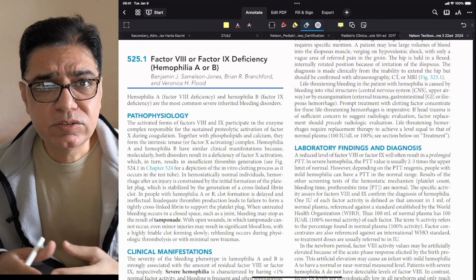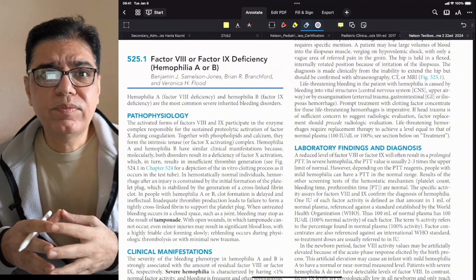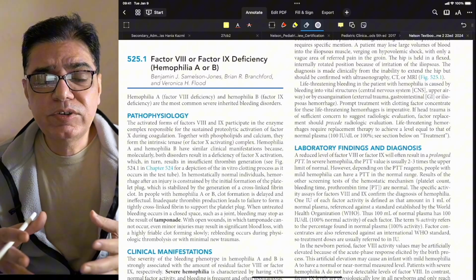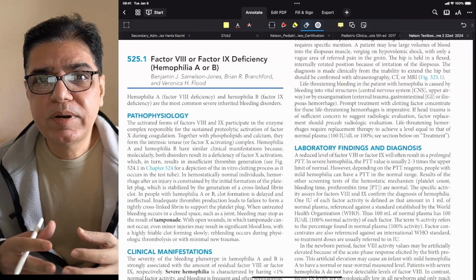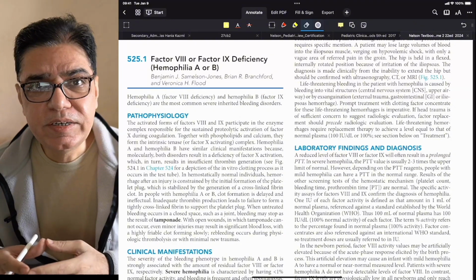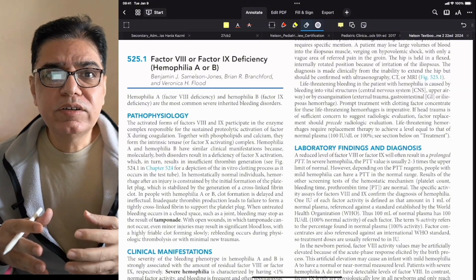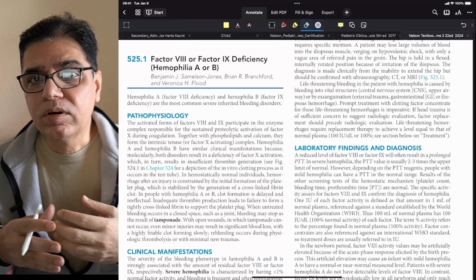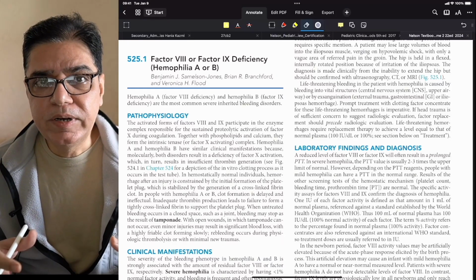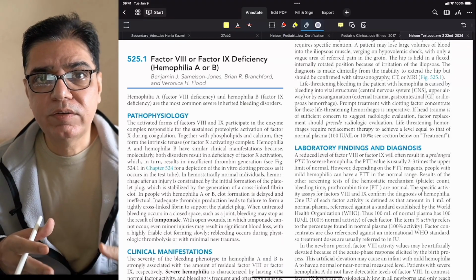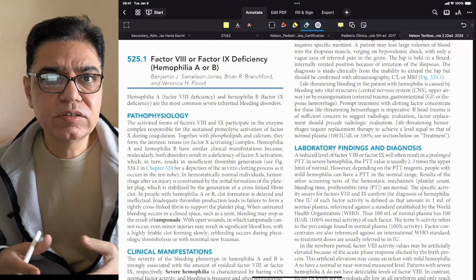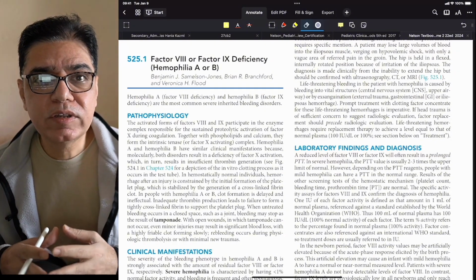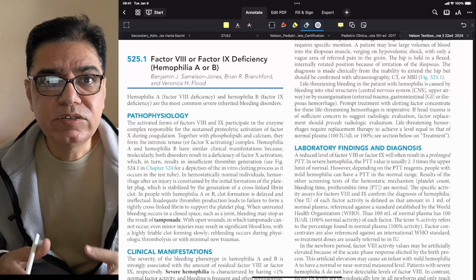So if these proteins are deficient or insufficient, then that clot would not be stabilized and there would be internal bleeding. So the neonates can have severe, life-threatening or life-changing bleeds, depending on how deficient they are in those factors. The neonates can have spontaneous intracranial bleeds, or they can have internal bleeds in closed cavities.